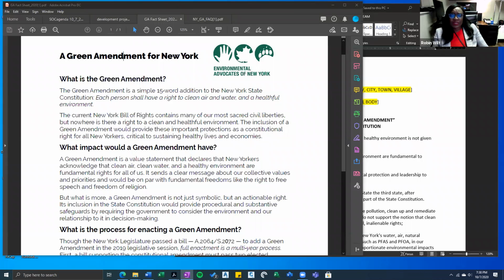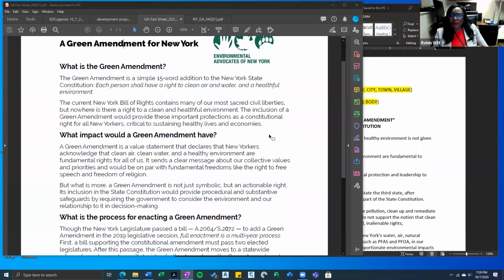So the Green Amendment would provide these protections as a constitutional right for all New Yorkers, and shift the paradigm so that instead of talking about reclamation and cleanup and sustainability from that standpoint, it prioritizes every person's right to a clean environment.